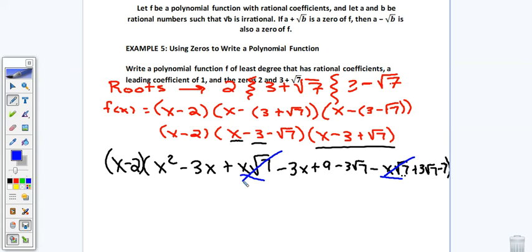What are they going to do? They're going to cancel. What's happening with all of the roots in this right here, kids? All the roots just kind of went away, didn't they? So this becomes the following. It becomes x minus 2.